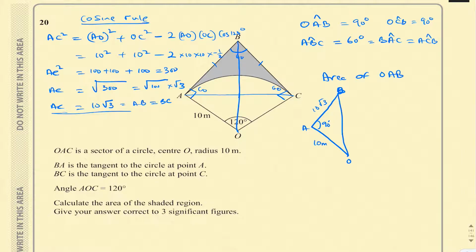Now, what we need to do now is find the area of the kite. And the area of the triangle is, using the sine rule, a half ab sine C, which is a half times 10 times 10 root 3 times sine 90. Sine 90 is 1.